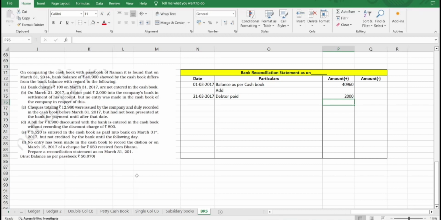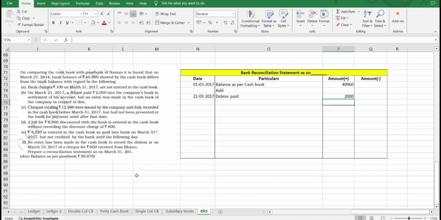Point C. Checks totaling rupees 12,980 were issued by company and duly recorded in cash book before March 31st, 2017, but had not been presented at the bank for payment until after that date. So point C explains that the check of rupees 12,980 was issued by the company.